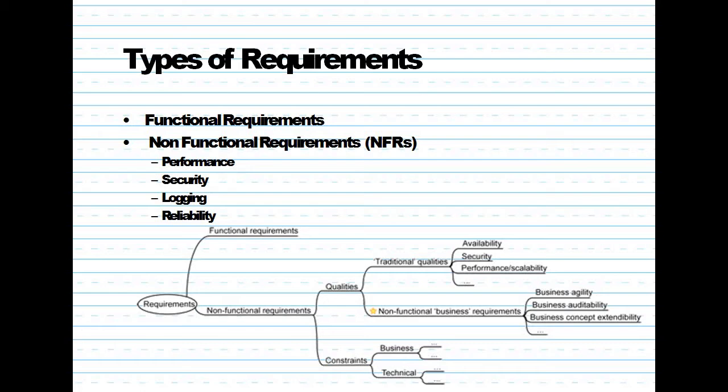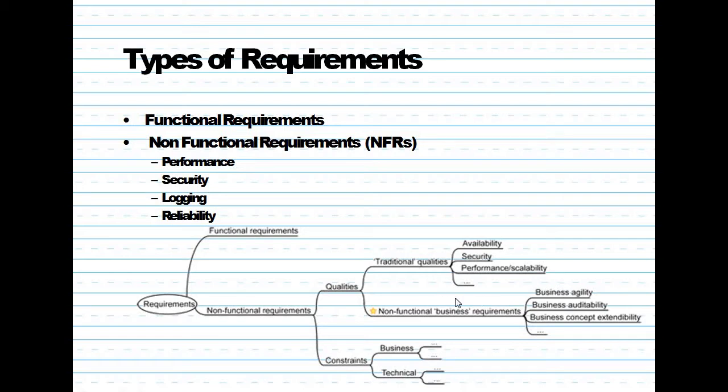Now, as shown in the figure, requirement is divided into two parts, functional requirement and non-functional requirement. Non-functional requirements, or NFRs, are qualities and constraints, where constraints are related to business or technical and qualities are related to traditional qualities and non-functional business requirements.